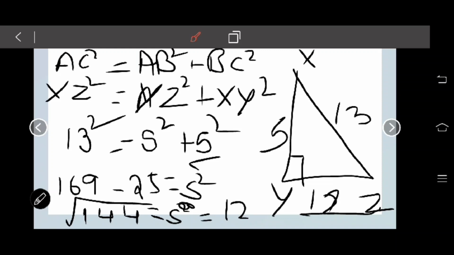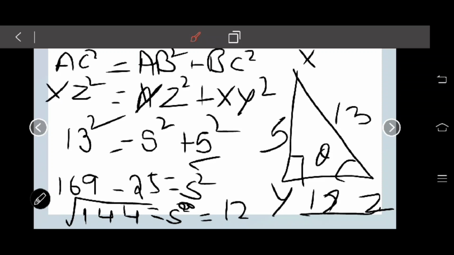I hope you are clear with it. So here we took the theta. This is how you do it when they ask you to find the adjacent: you just interchange and send the value which you have to find to the LHS or RHS. The numerical values should be on one side.